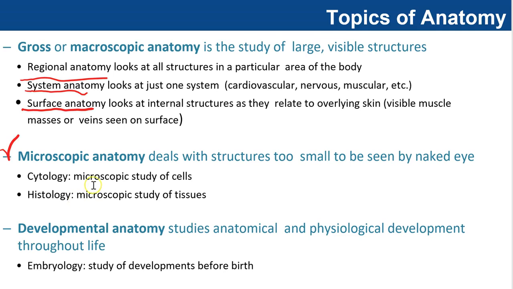Cytology, the study of cells, and histology, the study of tissues, are examples of microscopic anatomy. Developmental anatomy studies anatomical and physiological development throughout life. Embryology is the study of development before birth.